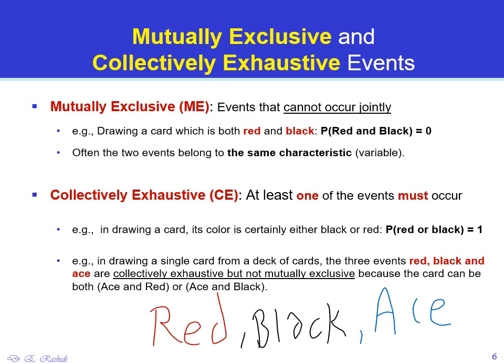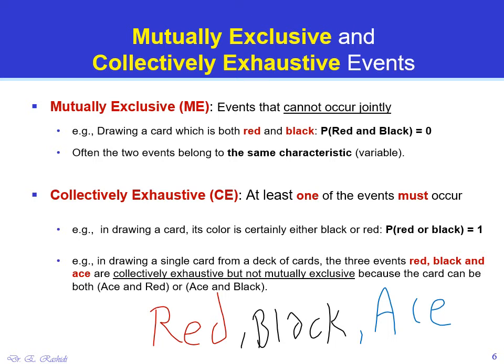They are collectively exhaustive, meaning at least one of these three events is going to happen. And it's going to be sure to happen, right? When you draw a card, it's either going to be a black card or a red card. It could be a red ace card or a black ace card.